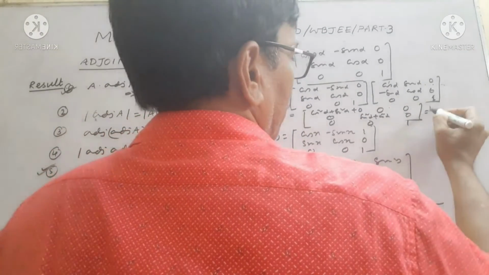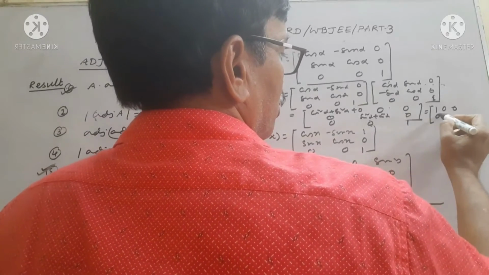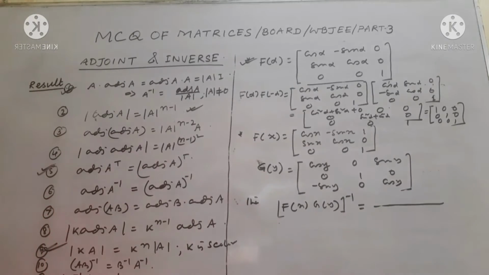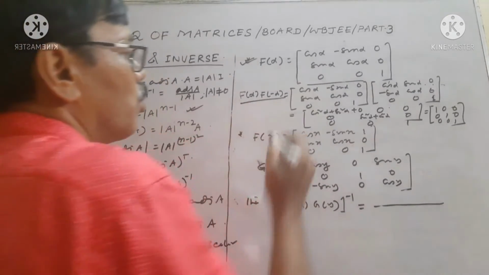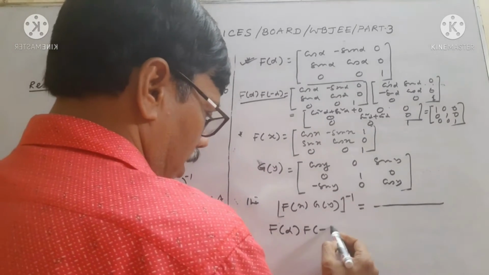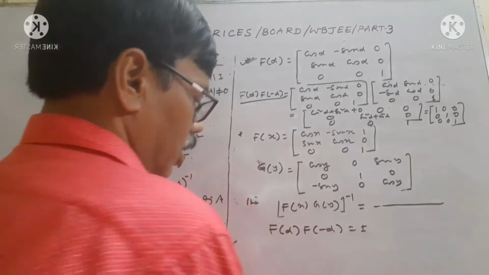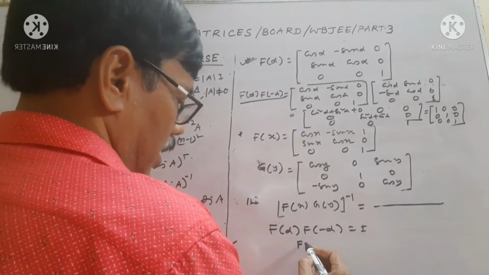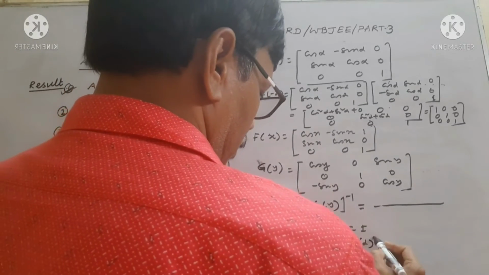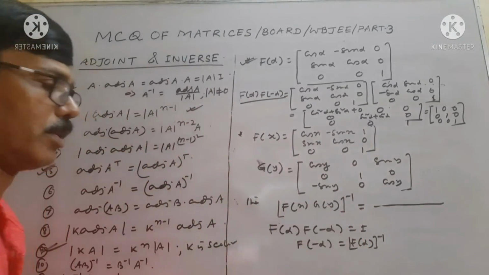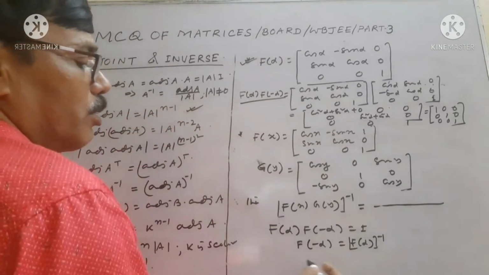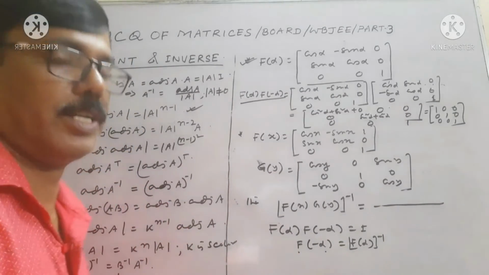So we get 1, 0, 0, 0, 1, 0, 0, 0, 1. This is our result: F alpha into F of minus alpha equals I. So F of minus alpha is F alpha inverse. One is the inverse of the other. So the inverse of F of alpha is F of minus alpha.